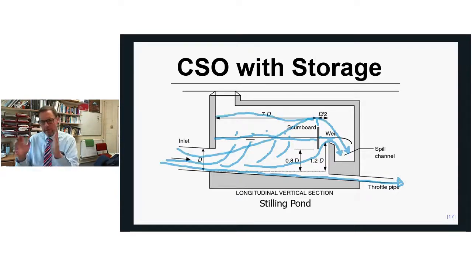Right, so this diagram is actually quite good because it also encapsulates how you can reduce your spill frequency. Basically, if I change my pen colour, upstream of the CSO device, you've got this volume here.